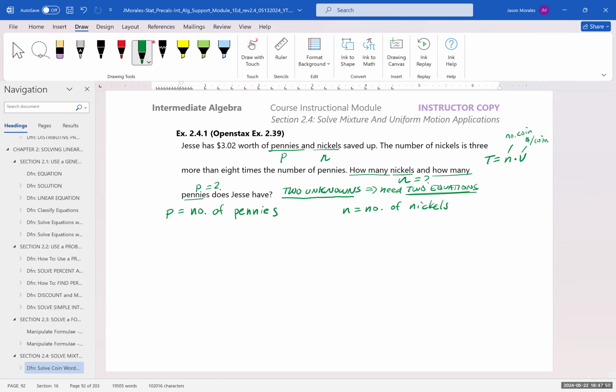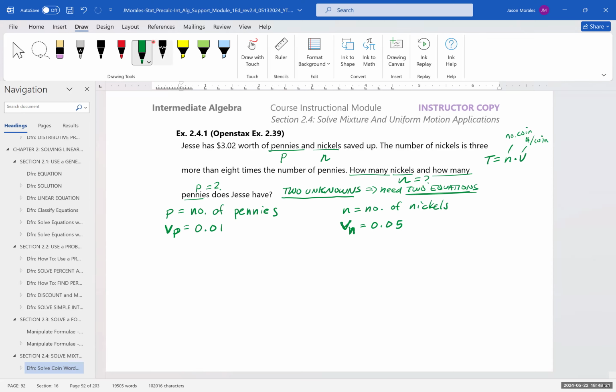So when it comes to pennies, the value of a penny is going to be 1 cent, and the value of a nickel is going to be 0.05. Notice that I've got the variable V for both pennies and nickels, but I'm using a subscript to differentiate between these two.